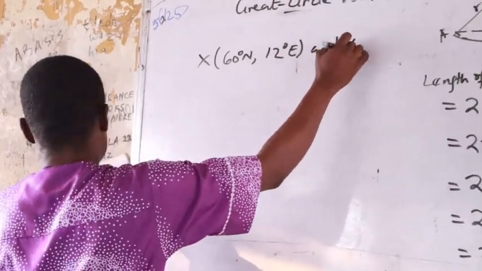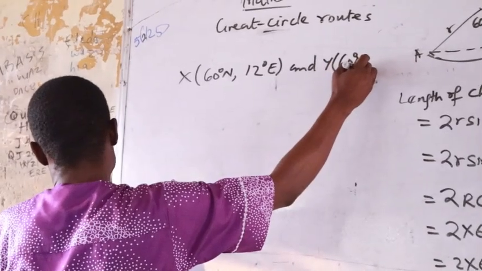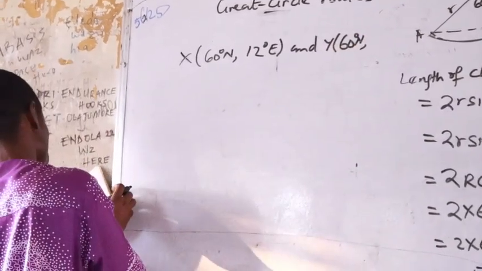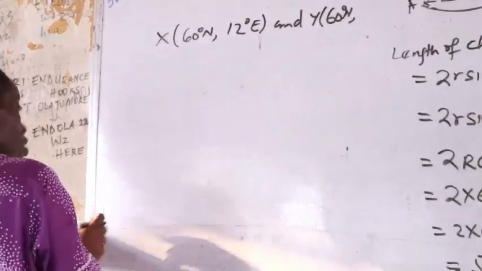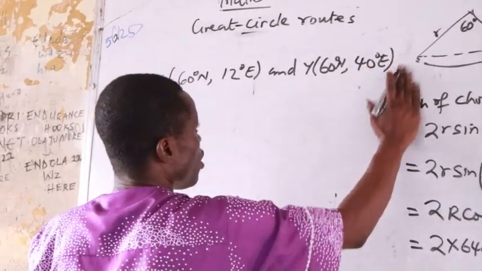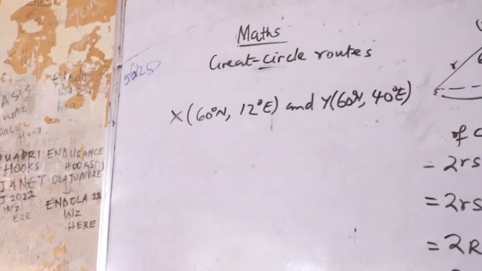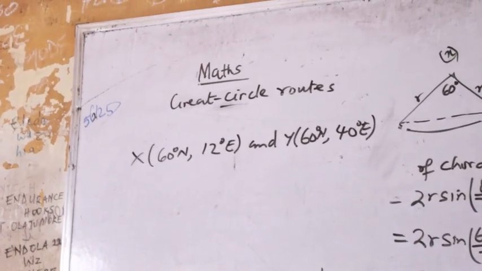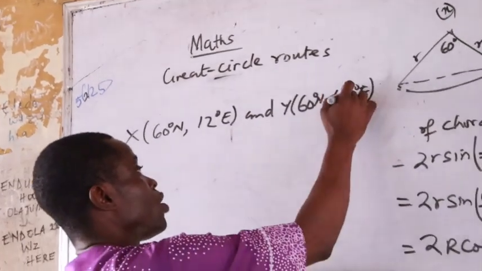And Y, 60° north, 42° east. Sorry, change this to 42.